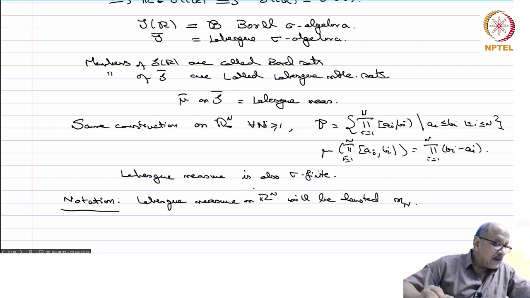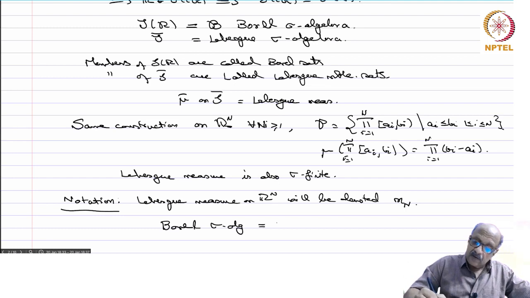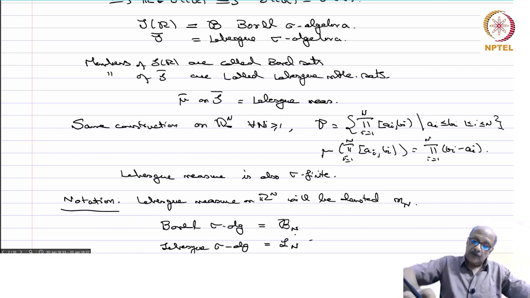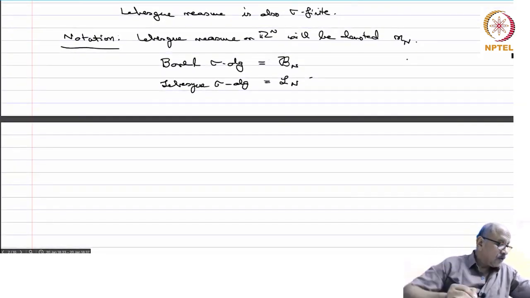Okay, and then the Borel sigma algebra notation is B_n and the Lebesgue sigma algebra will be called L_n. Okay, so this is the notation which we will henceforth follow in this course.